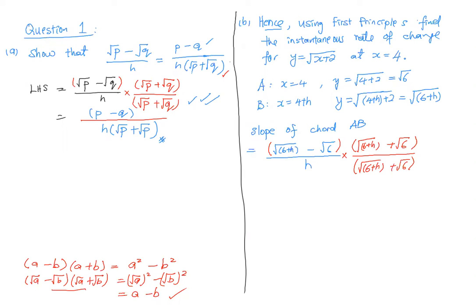Okay, so next step, I will write down h. So the bottom there, I just copy down. So what should I write on top? You don't have to show me step by step. What should I write on top?